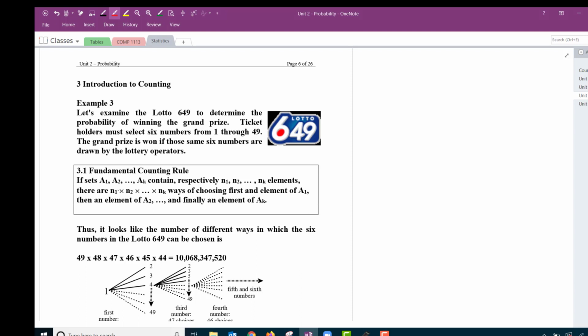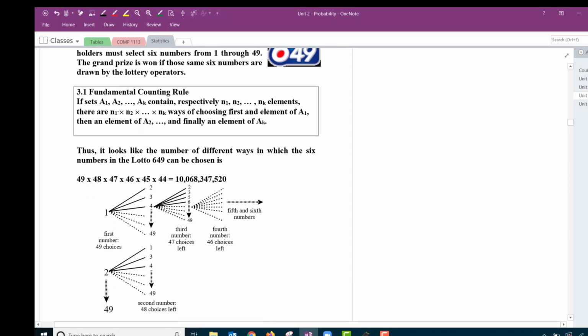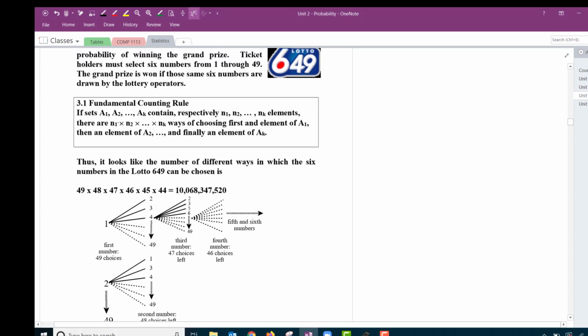I tried using this multiplication rule, but not with a lot of success. I was trying to understand this by saying, okay, suppose I pick the number 1, and after I pick the number 1, what's left? I can't pick the number 1 again in that lottery. Once you pick a number, it's removed.